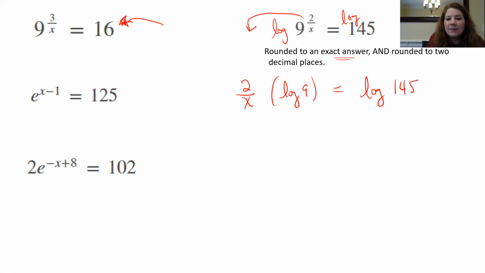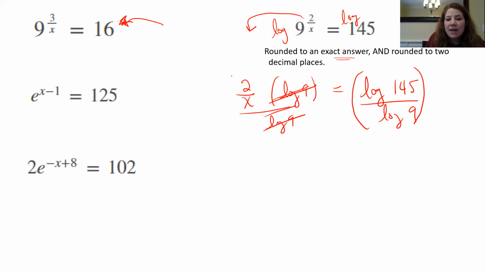How do we get rid of times the log of 9? We're going to divide both sides by the log of 9. So this is gone, and I'm going to leave this alone for now. Basically we have 2 divided by x equals this. In order to solve for x, I have to get it out from under that 2.